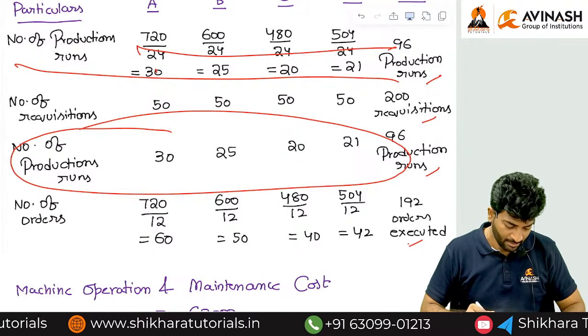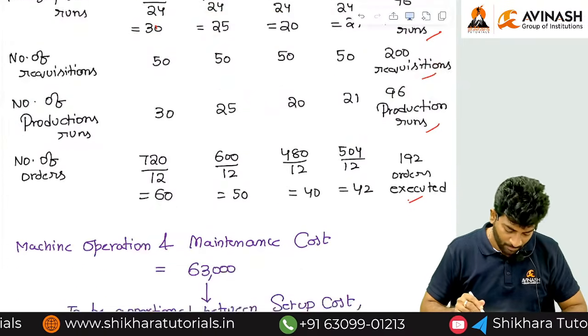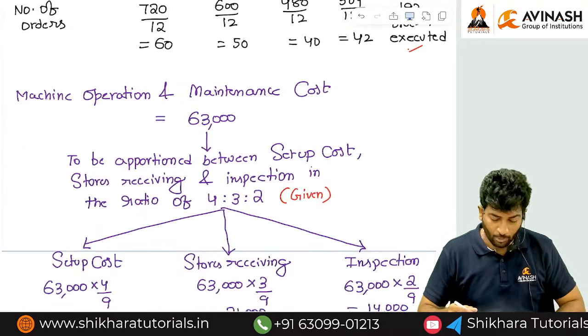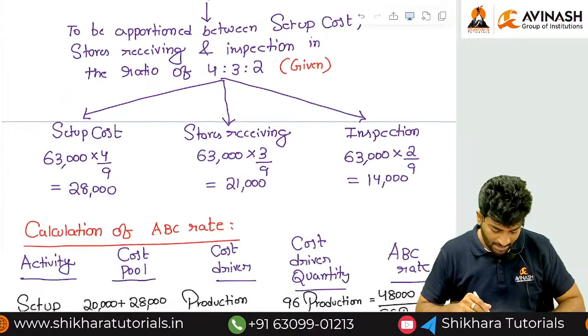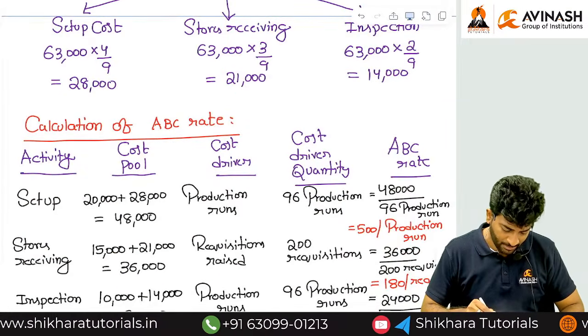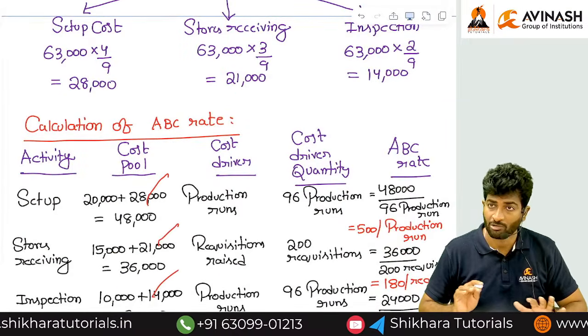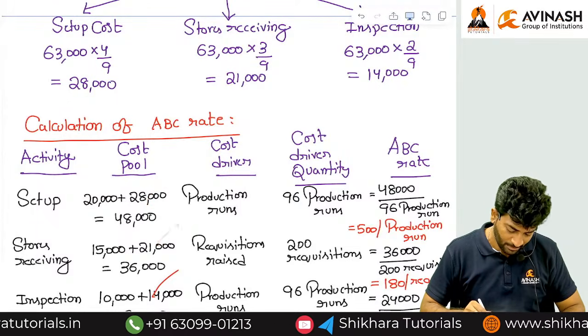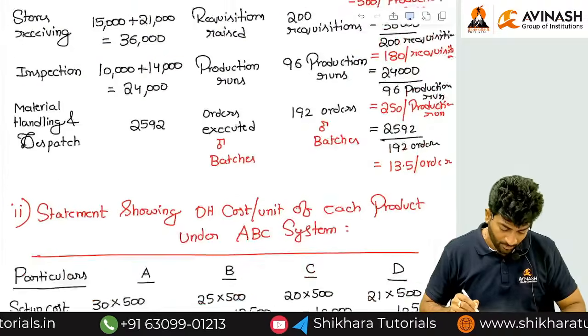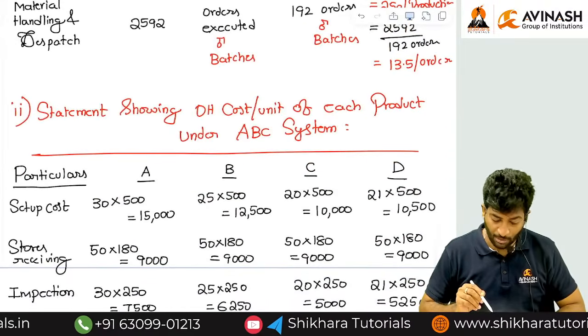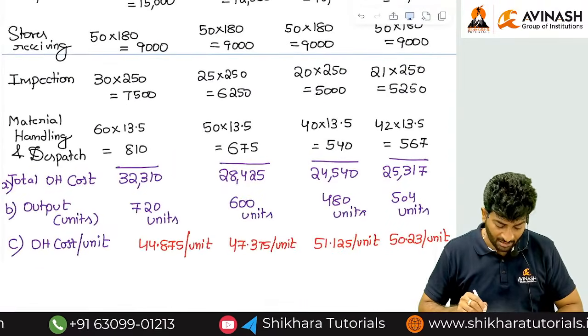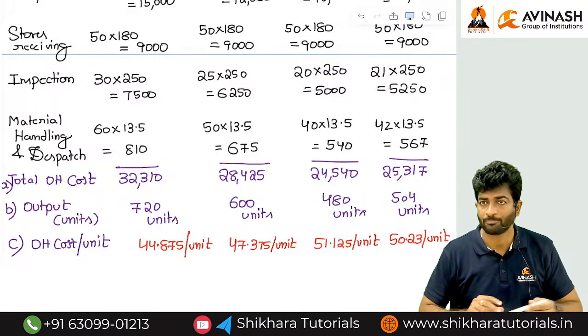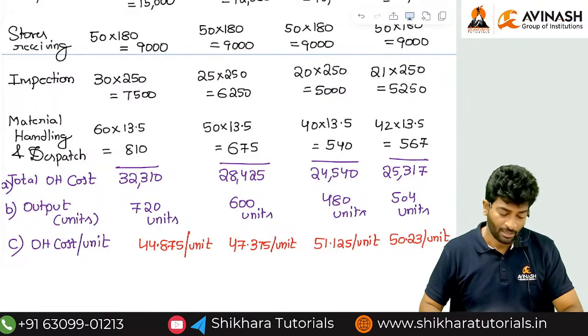After production runs, you apportion this operation maintenance cost. So the same numbers I have added here. Now everything is set, right? So I can go with our normal calculation after the ABC rate. Now this is my second heading. Last calculation. Finally, this here. Right. We'll continue next class.